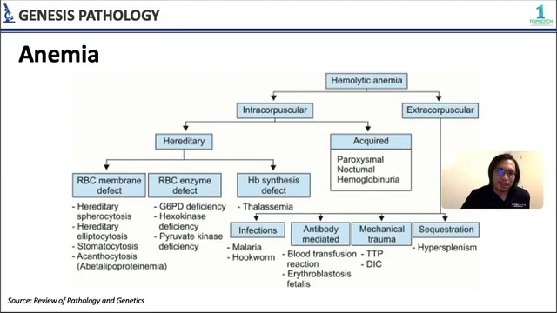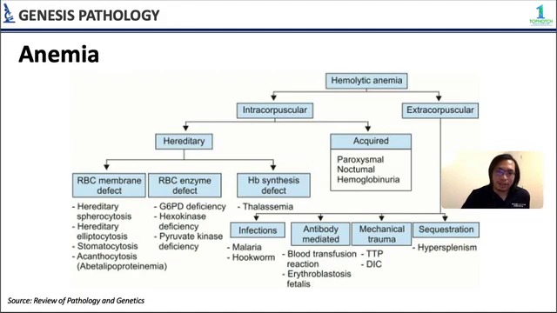Okay? PNH. Now, hereditary, pwedeng red blood cell membrane defect, enzyme defect, or hemoglobin synthesis defect. So, nandito pa rin si thalassemia sa hemoglobin synthesis defect. Sa membrane defects, no, hereditary spherocytosis. How would you diagnose your hereditary spherocytosis? You do your osmotic fragility testing.